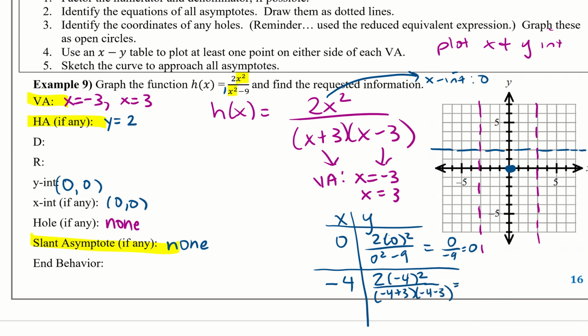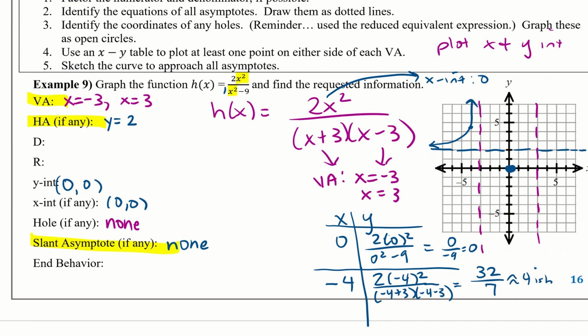You'll get the same answer. I would get, let's see, 32 on the top. On the bottom, I'd get -1 times -7, so over 7. What is that? It's like 4-ish. So at -4, I'm at a height of around 4-ish. Well, I'm not going to cross these horizontal and vertical asymptotes in the ends. Maybe in the middle I would, but not in the ends. So this would be something like this.